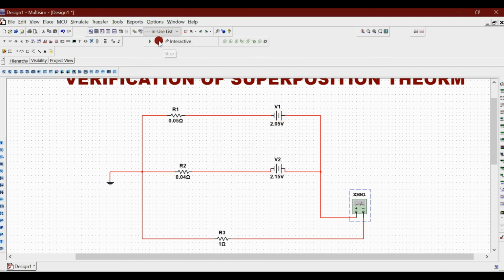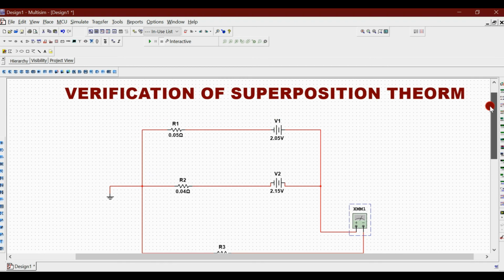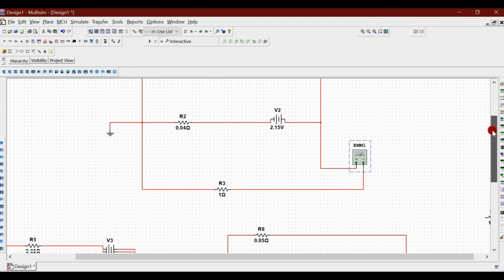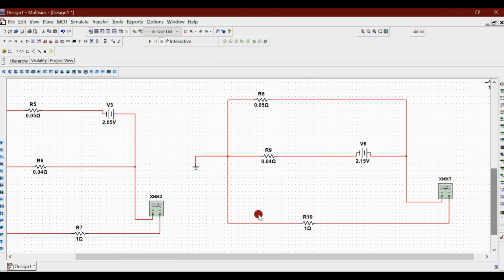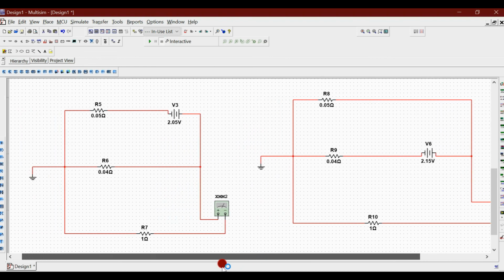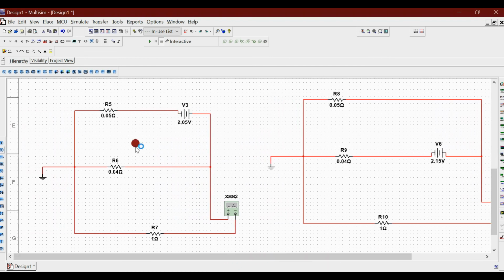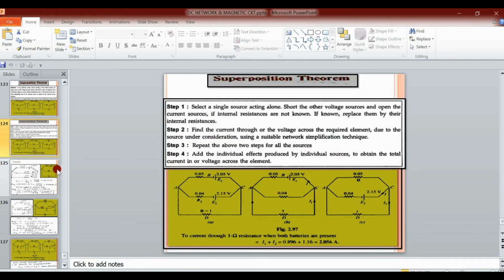We have connected multimeters in each of the circuits. We have constructed the circuit in this fashion, as you have seen. Here you can see the circuit diagram.